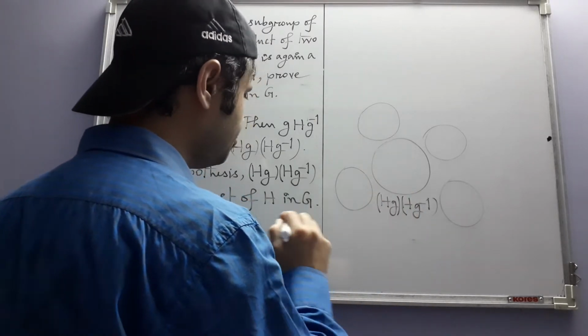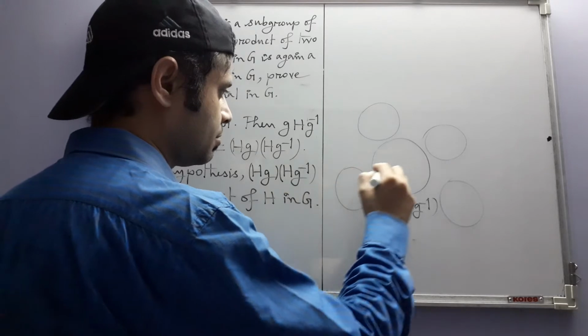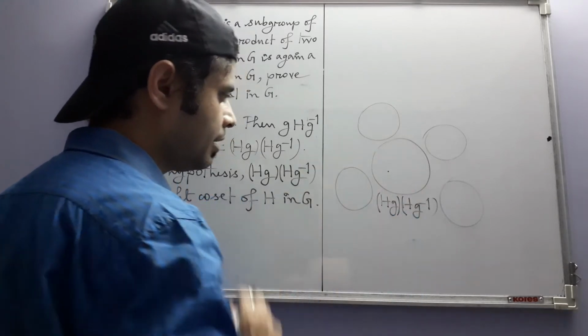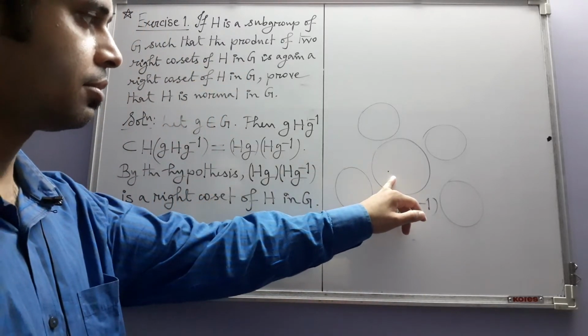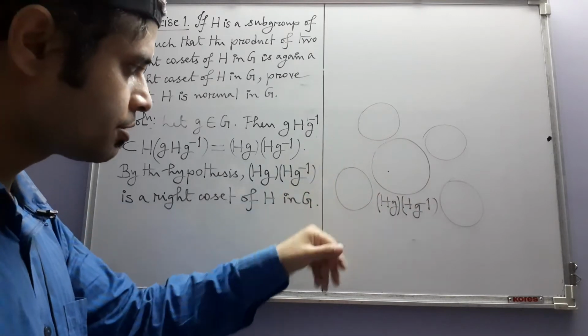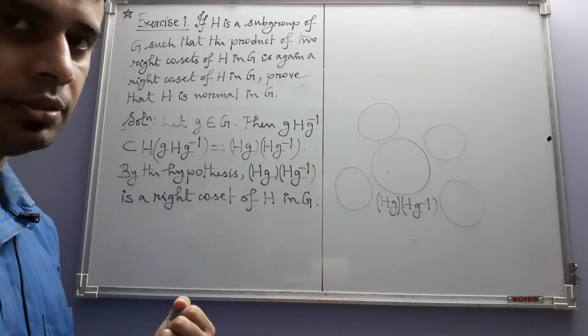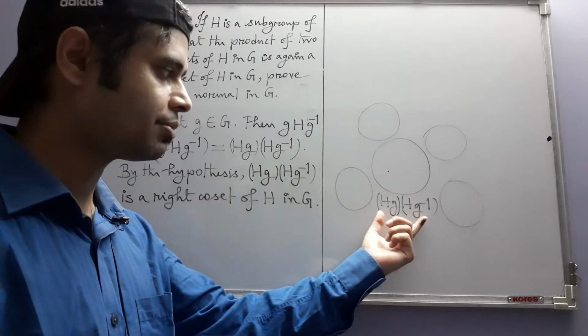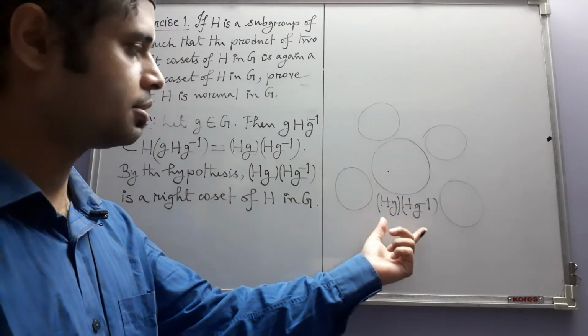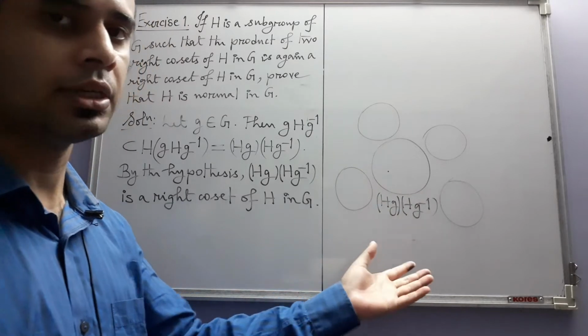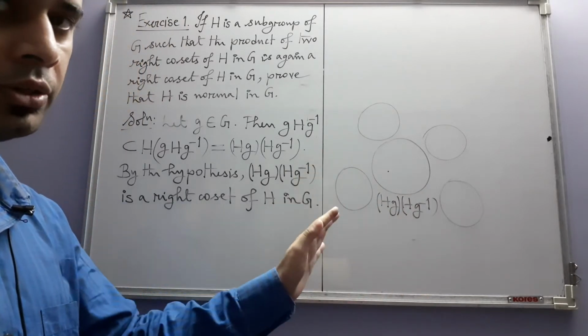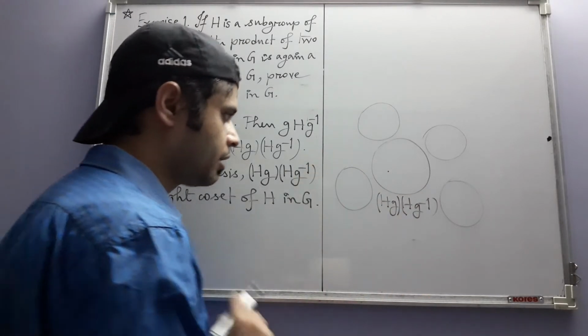Now if you can find an element in this coset which also belongs to a known coset of H in G, I mean here we only have the fact from the hypothesis that this is a right coset of H in G. Which right coset we don't know yet, we need to determine that.